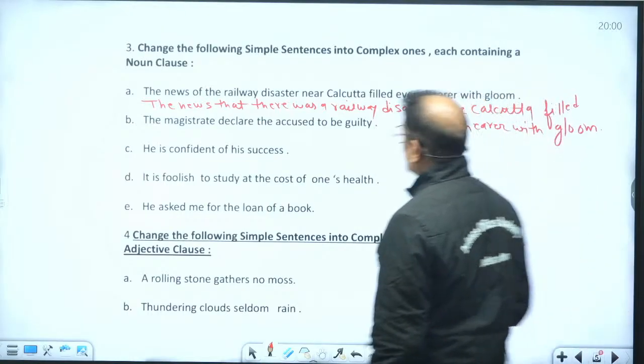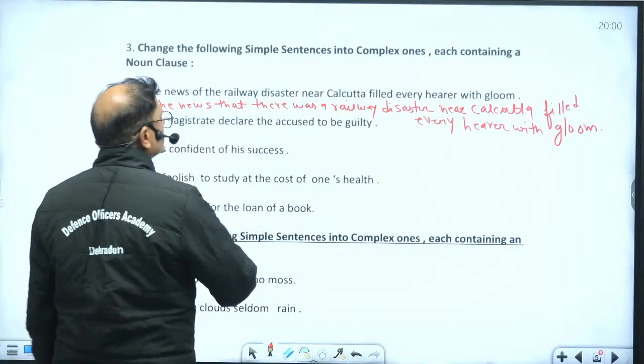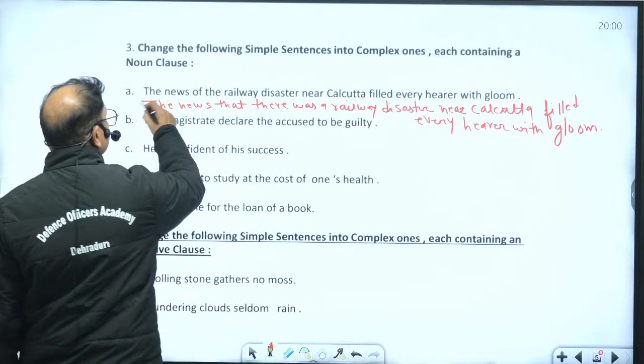Okay, so this is how we can change it into complex one.